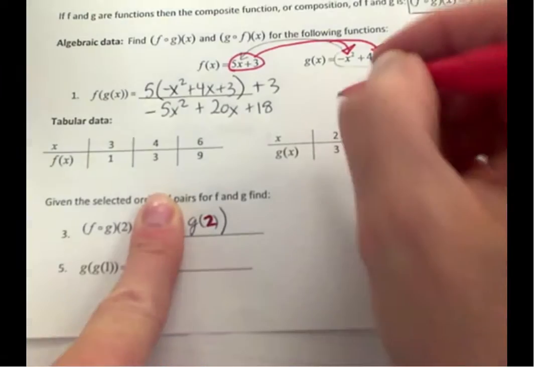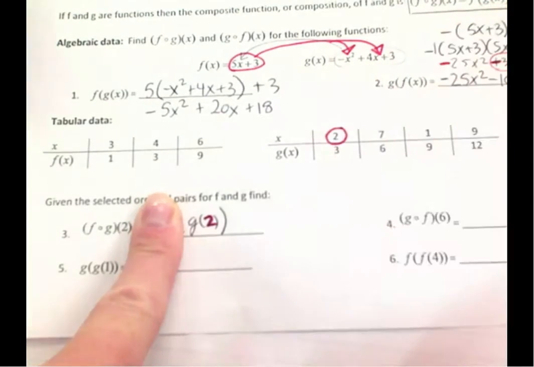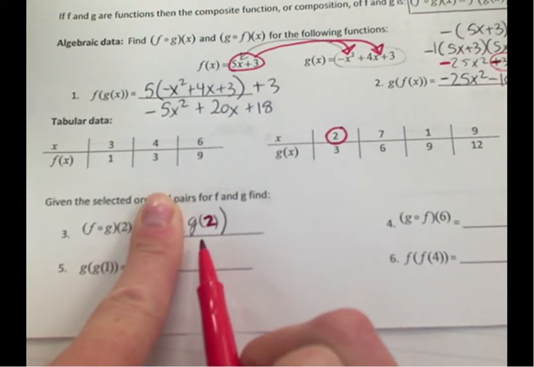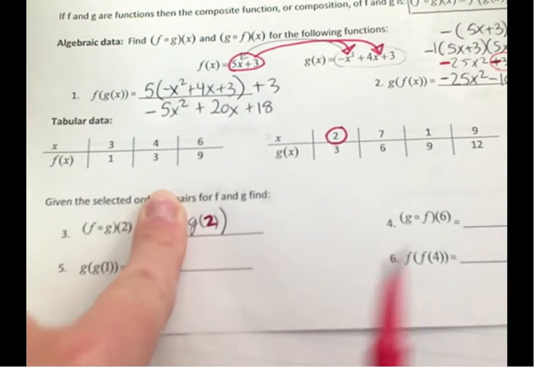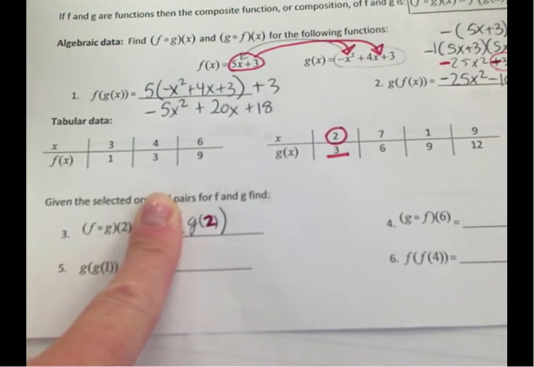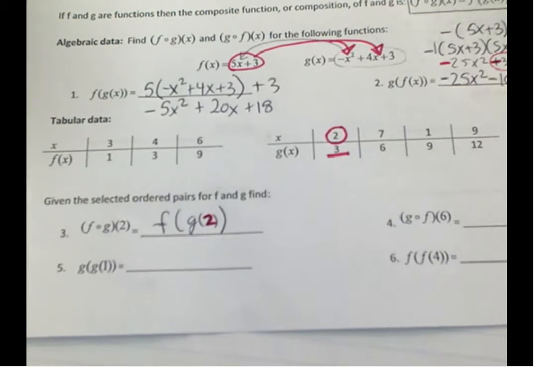That is the x coordinate. Starts right here. Right? Because I'm on the G table. So G of 2 is 3. Okay? G of 2 is 3.